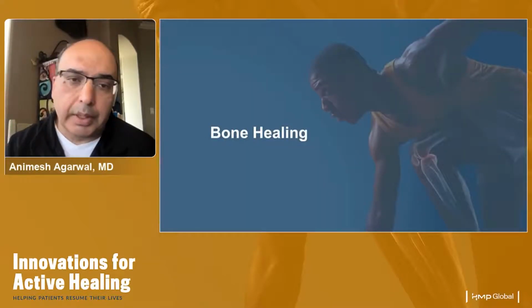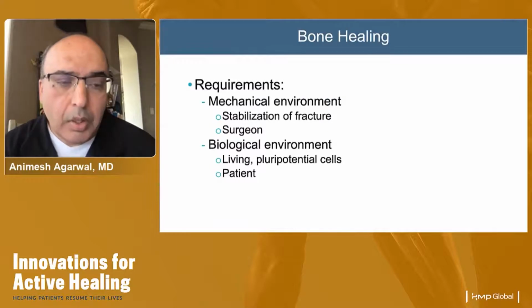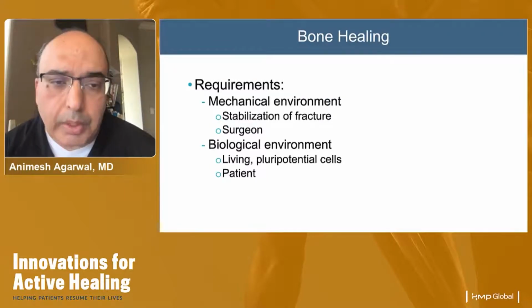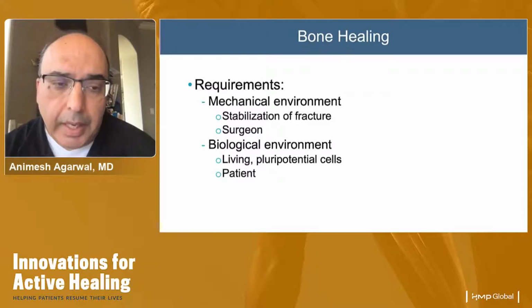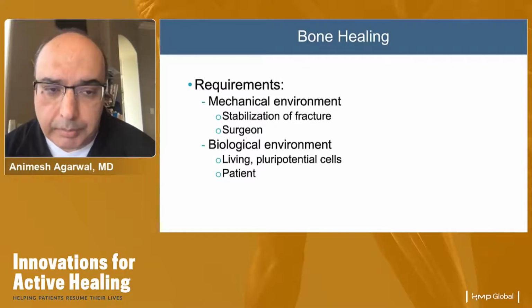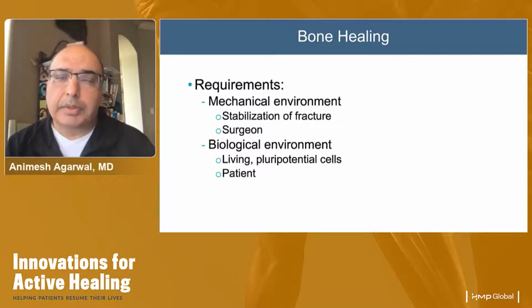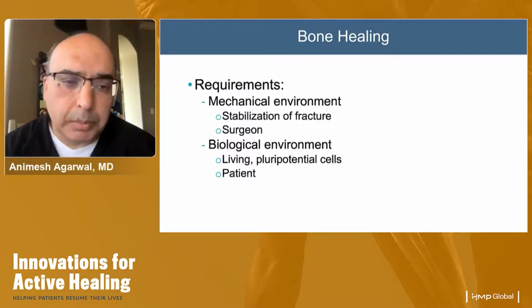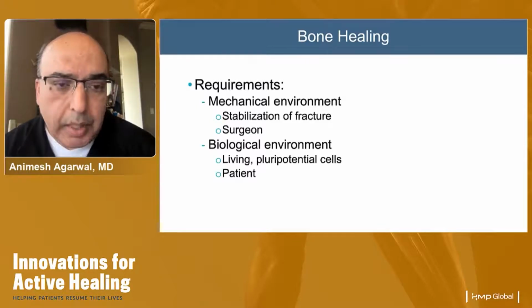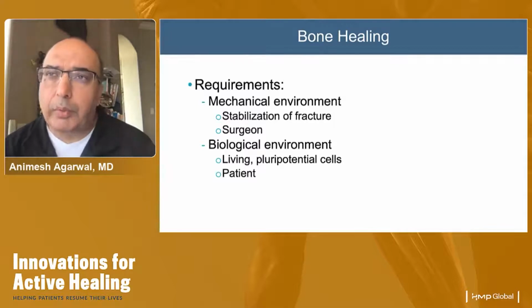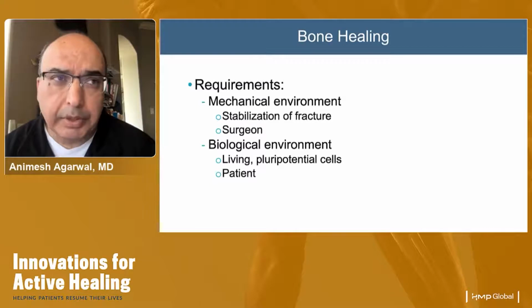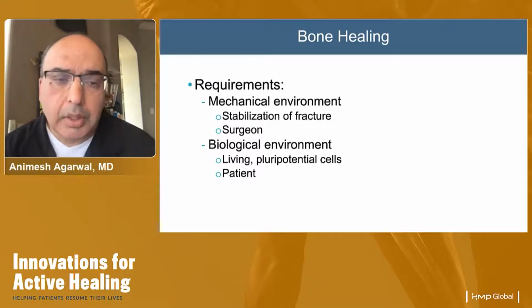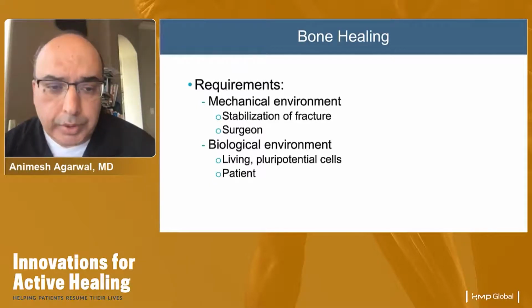Going on to bone healing. Realize that bone requires both a mechanical environment that is suitable for healing, as well as a biological environment. The mechanical environment is really what we are responsible for as a surgeon. And that also includes the way we stabilize the fracture non-operatively many times, whether that's cast application, brace application, and then obviously surgery.